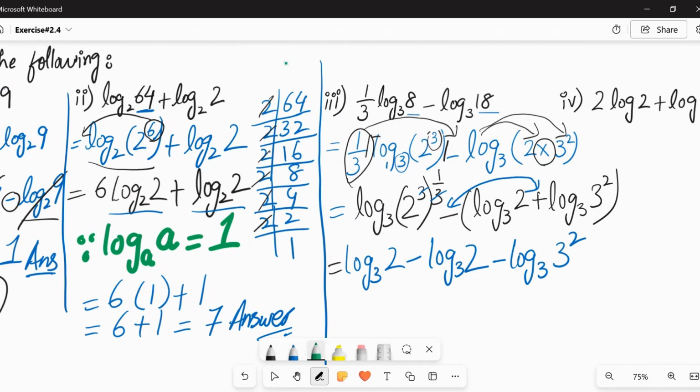Now these both terms are the same but with opposite signs, here positive and there negative. So these two terms will cancel out each other.